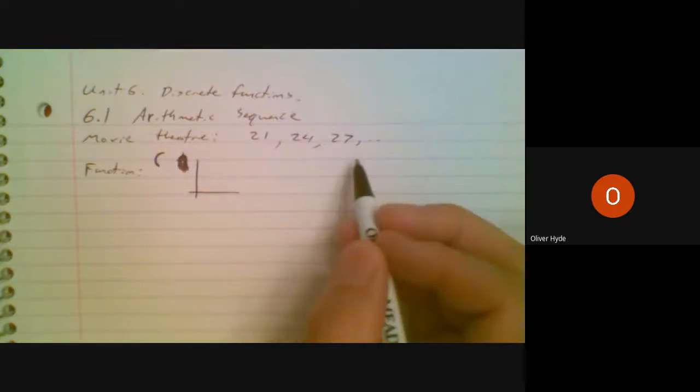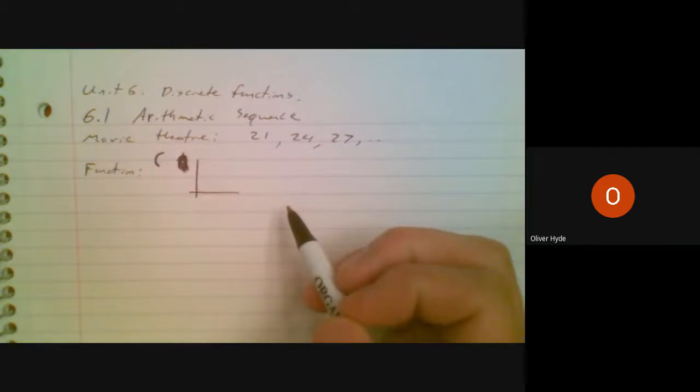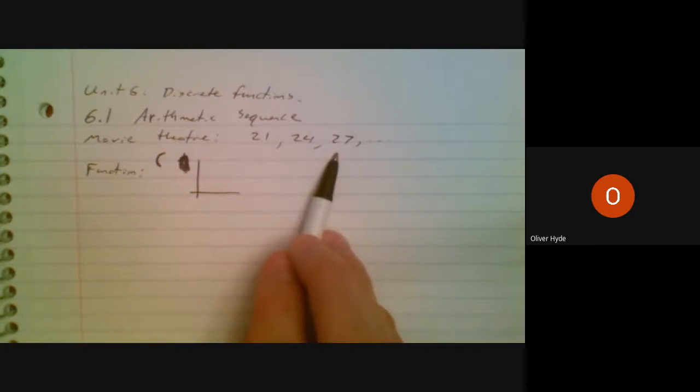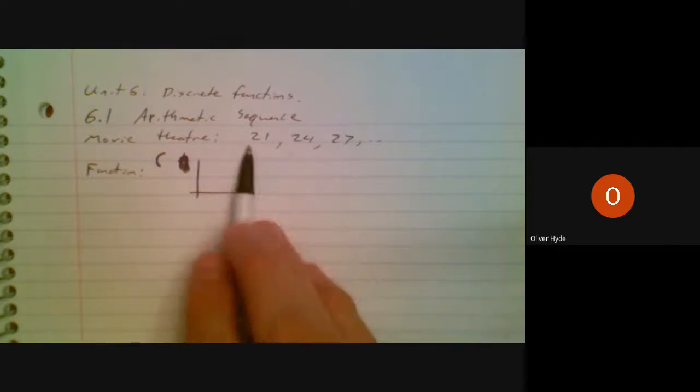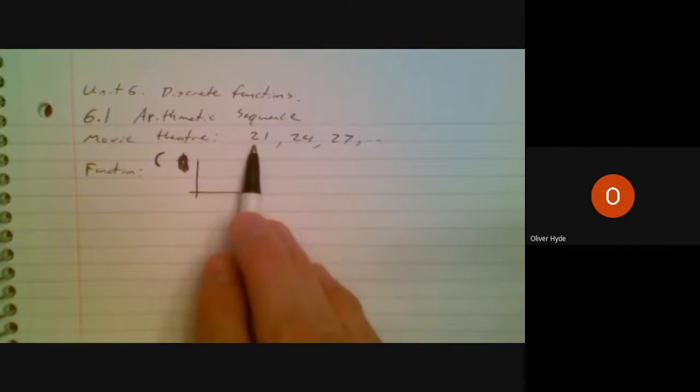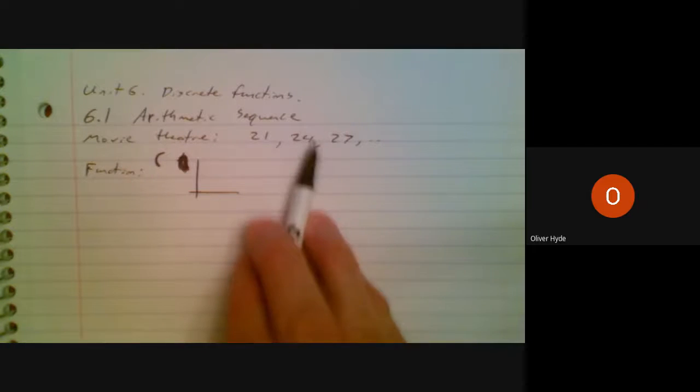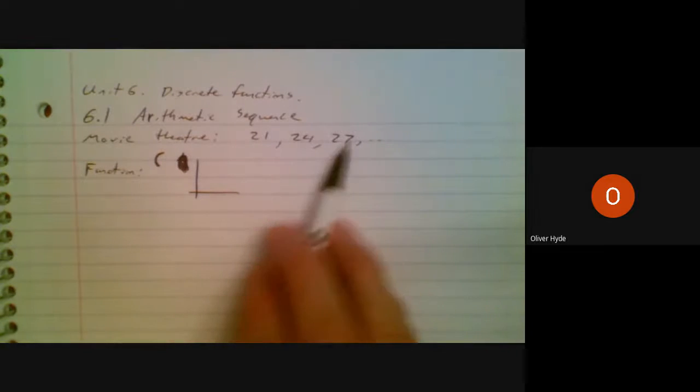And then my input, the input in these sequences is a little bit tricky because it's kind of hidden. Your input actually represents the term number. So this right here is how many seats there are in the first row. This is how many seats there are in the second row. This is how many seats there are in the third row. There's nothing really like 1 or 2 or 3-ness about this other than its position here.